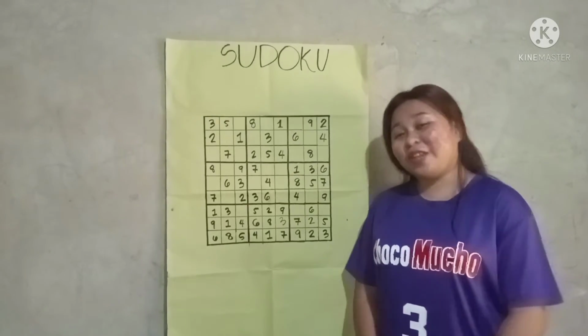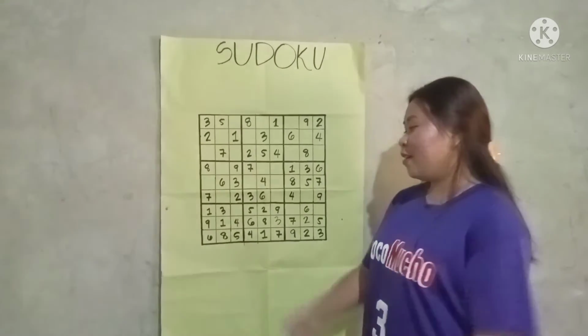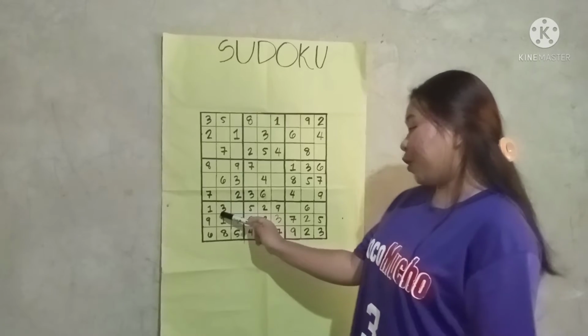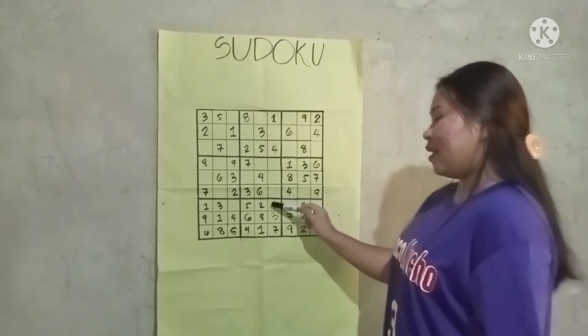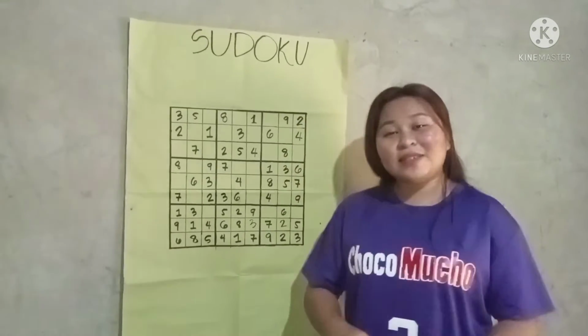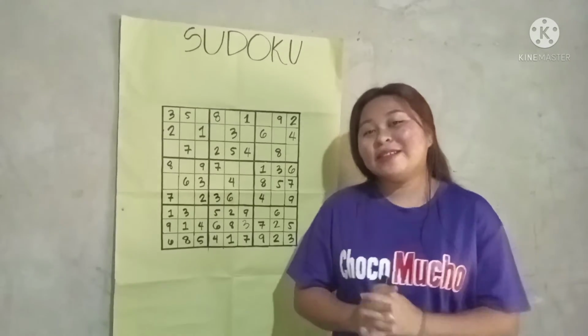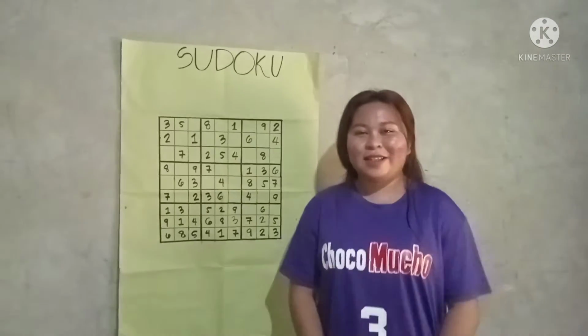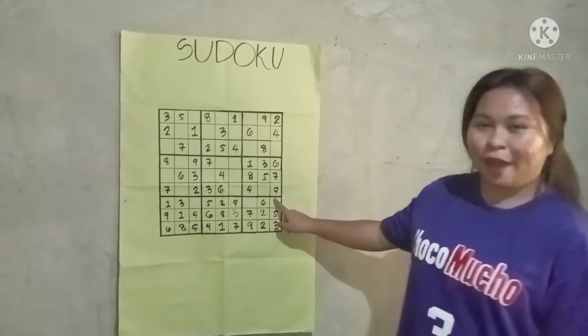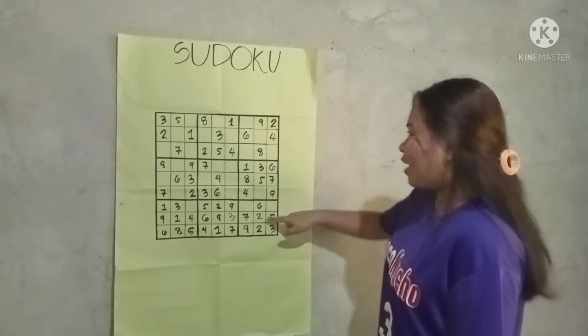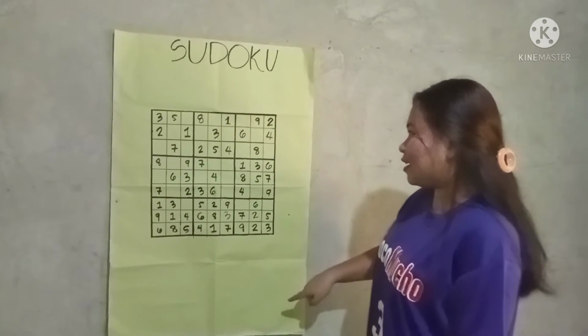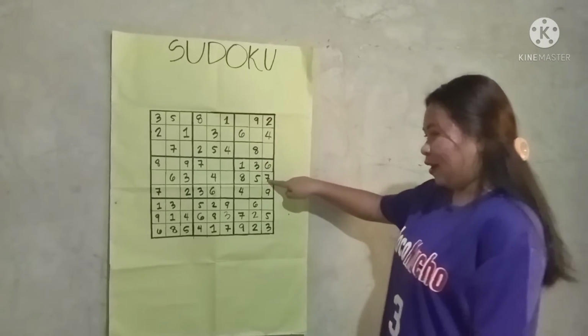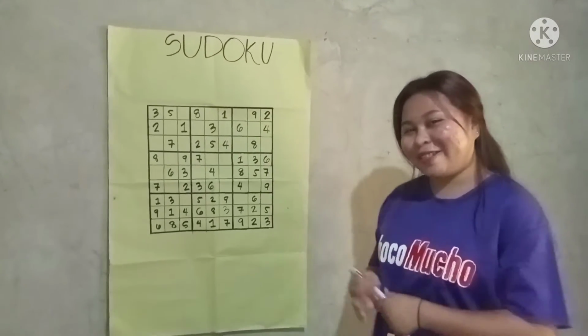In row number 3, the numbers are 1, 2, 3, 5, 6, and 9. So the missing numbers are 4, 7, and 8. Now, let's do the first box. In the first box, as you can see in this line, we can see the 4 and 7. So we're gonna put the number 8.